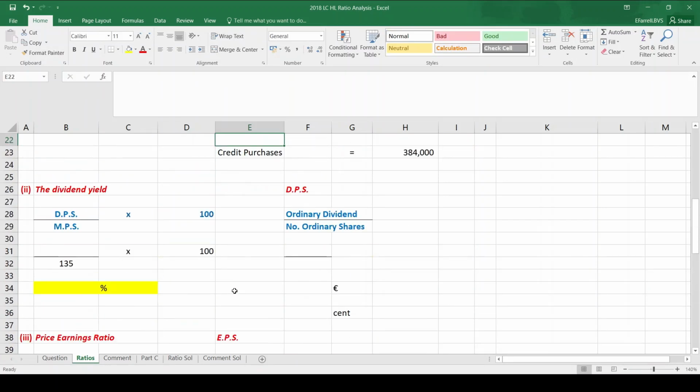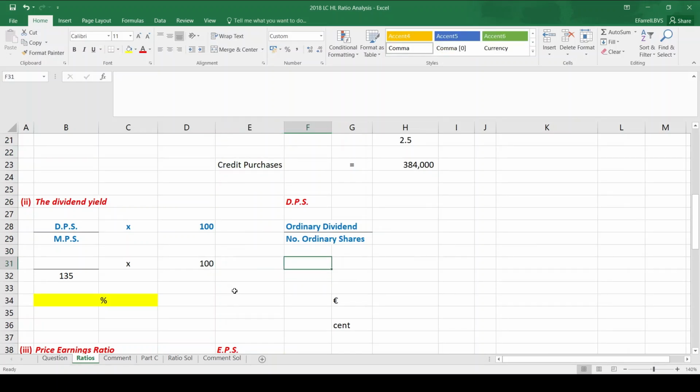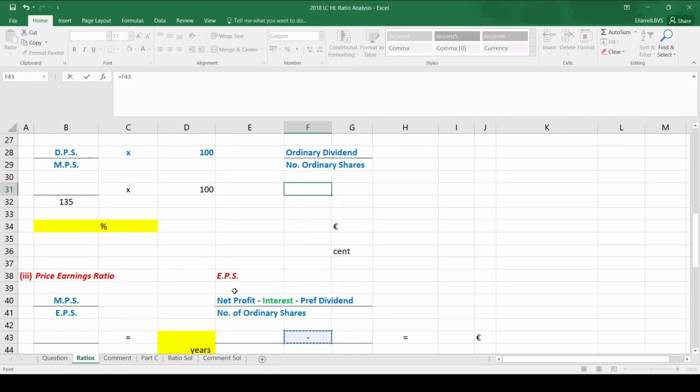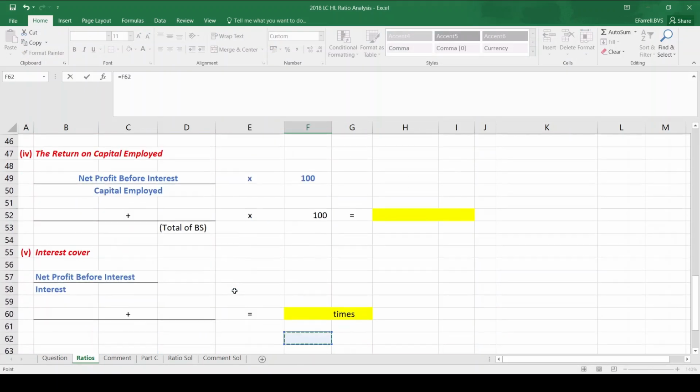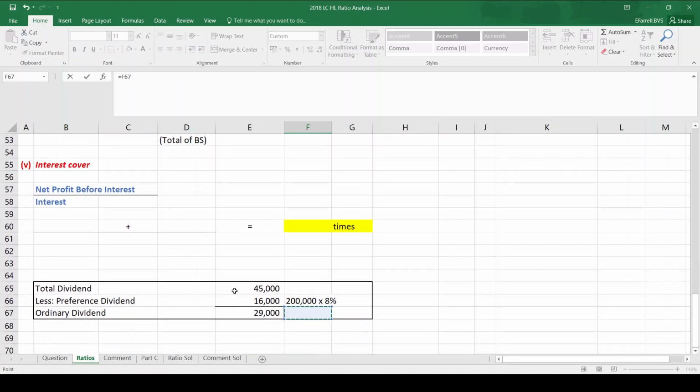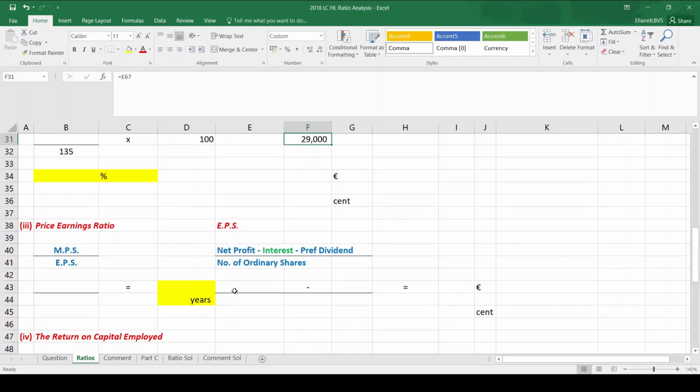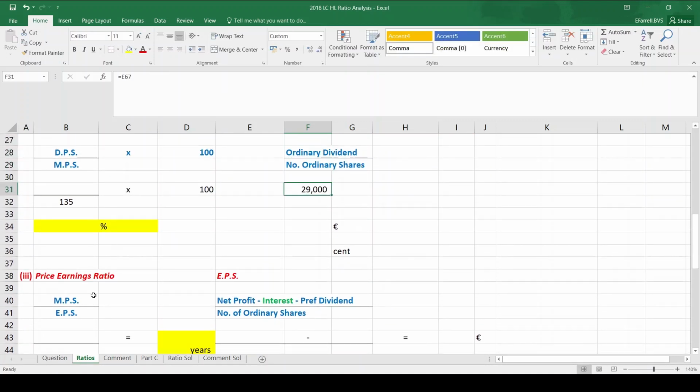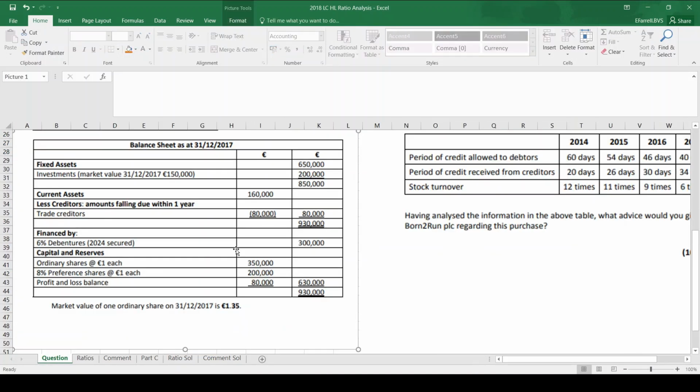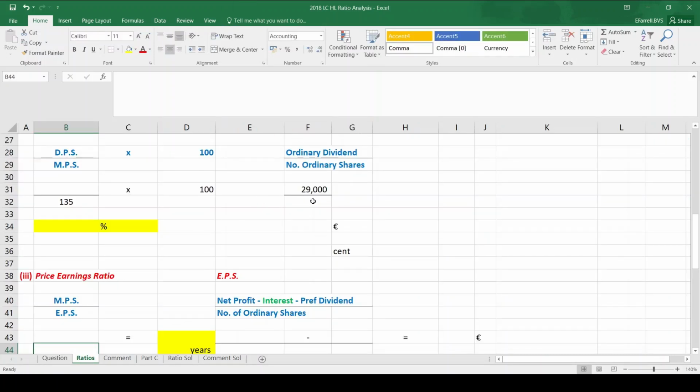So back to our ratio here, dividend yield. Now it's ordinary dividend which we're after working out there. So I'm just going to go back down and get my ordinary dividend, which is 29,000, over the number of ordinary shares. The number of ordinary shares I get from my balance sheet. How many ordinary shares are there? There are 350,000 ordinary shares.